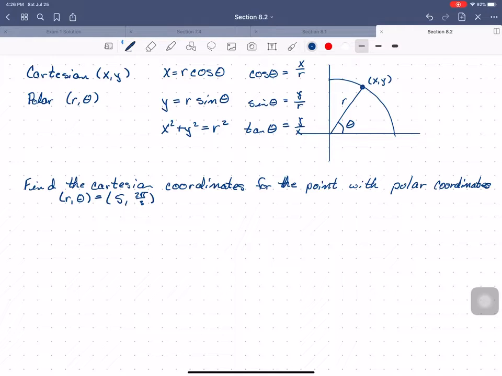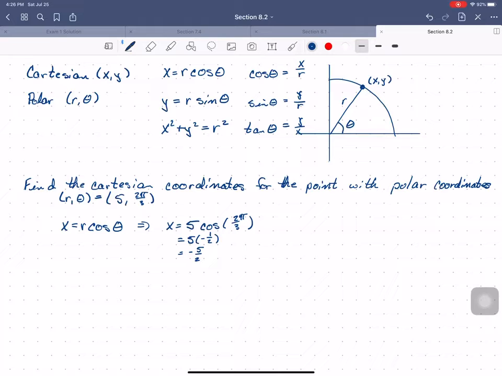So we can do this. x equals r cosine theta, which means x equals 5, because our radius is 5, times the cosine of 2 pi over 3. So cosine of 2 pi over 3 is negative 1/2. So this is 5 times negative 1/2. So x is negative 5/2.